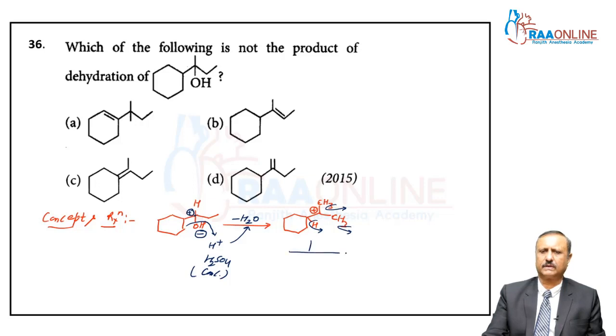My dear students, you can see you get three products here. When these H plus ions are removed, then the electrons go and a bond forms on this side. So you get this structure number 1. When this hydrogen is removed, this is number 1, this is number 2, and this is number 3.